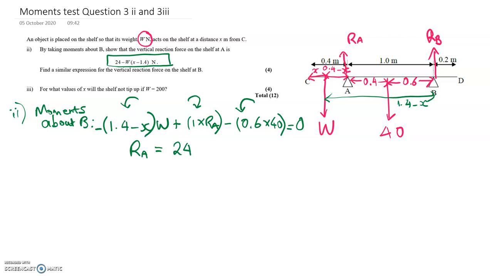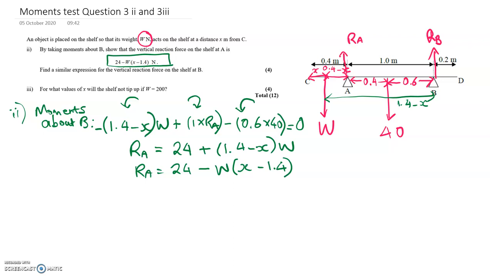And also this very first term that I've written here becomes plus once I move it to the other side. And if I take out a minus and I put the W at the front, then the things in the brackets will switch around. Okay, so I've shown it.